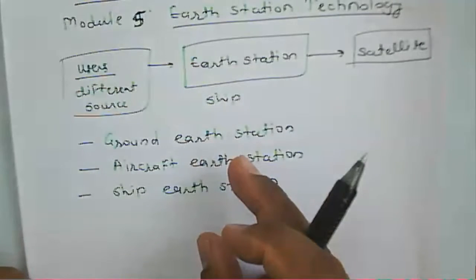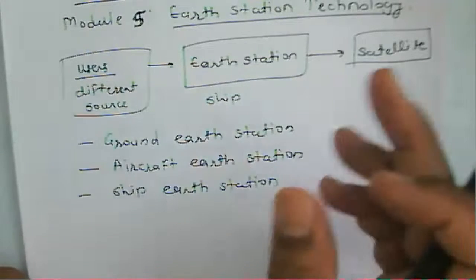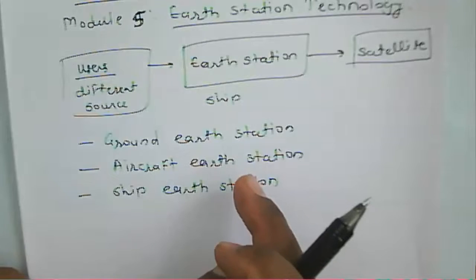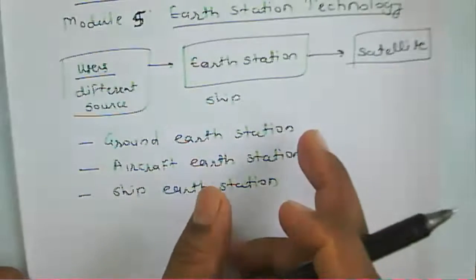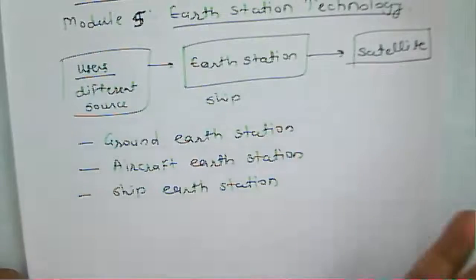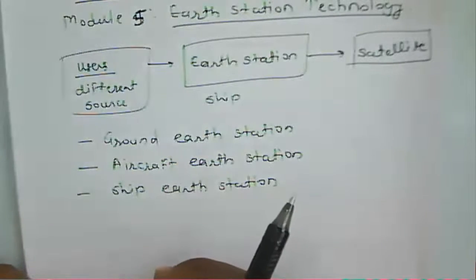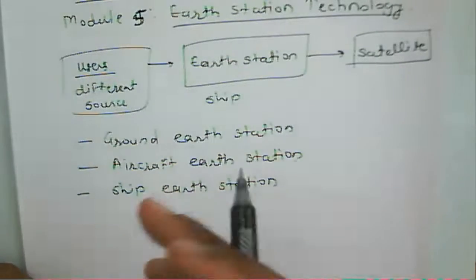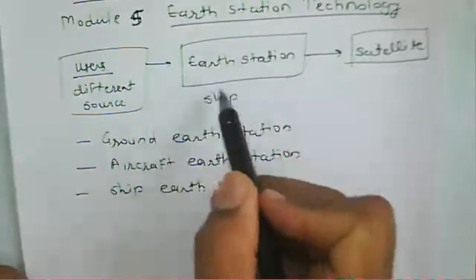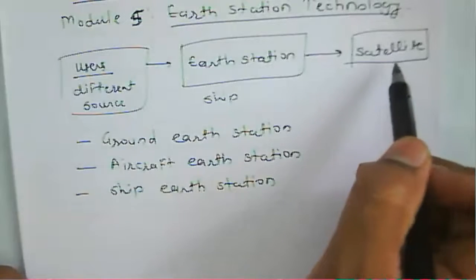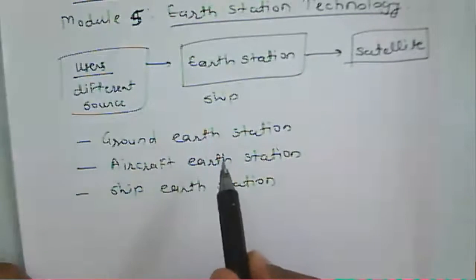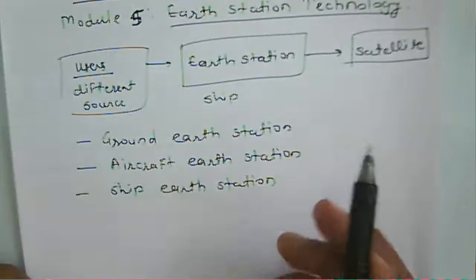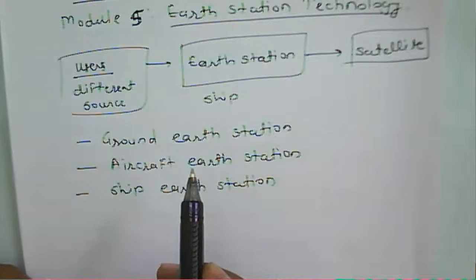Once that signal is processed, then they will transmit from that particular station to the satellite, and then from the satellite to the Earth station. Signal processing will take place at the Earth station as well as at the satellite, and then communication takes place from a satellite to ground or from the ground to satellite.